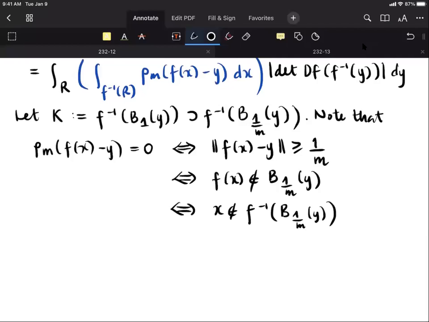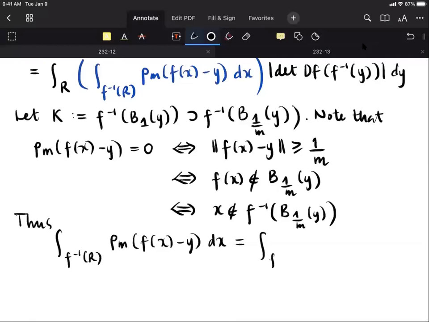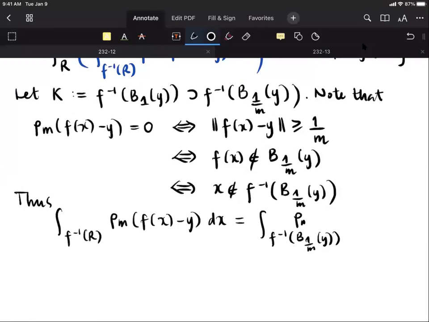In this way, we can rewrite this integral as an integral over f inverse of B1 over m, since outside this inverse image of the ball, the integrand is 0.